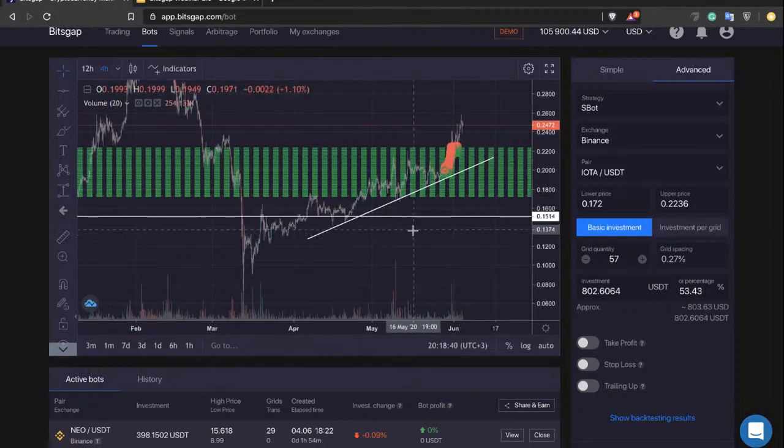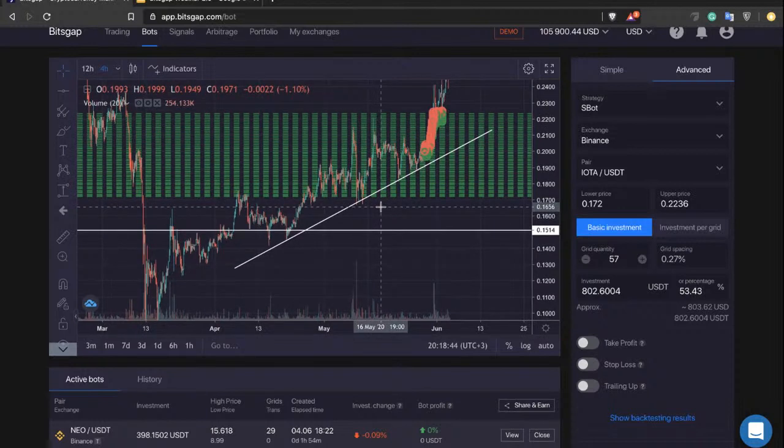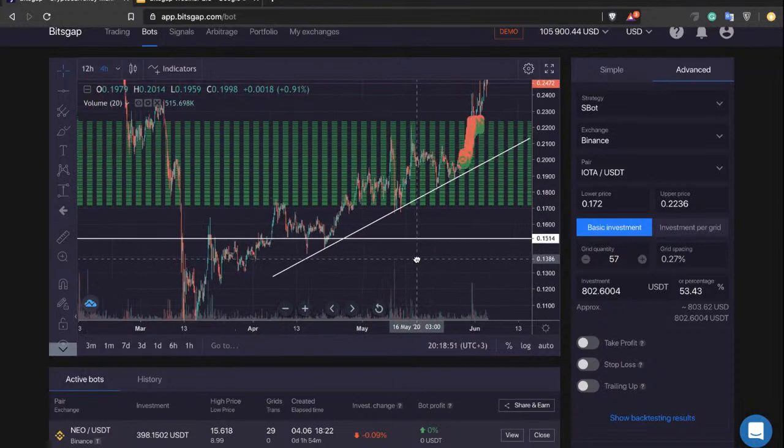But for myself, I've noticed that I prefer trading those cryptocurrencies that do respect support and resistance levels. So I'm trading using support and resistance levels, sometimes using RSI and MACD to find overbought and oversold conditions. That's it. All right.